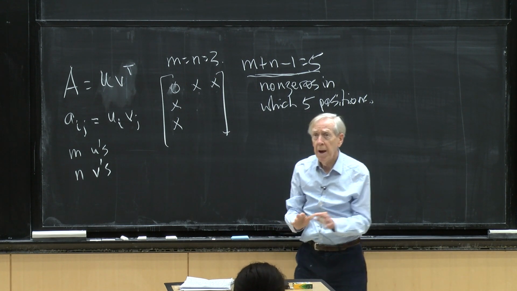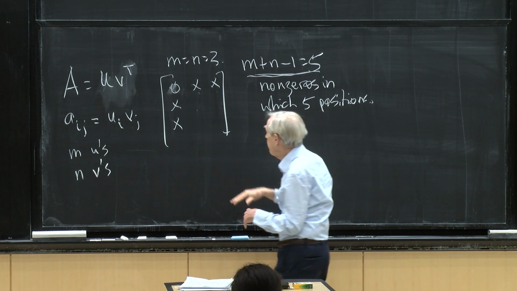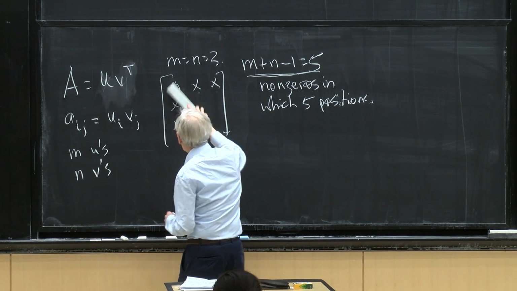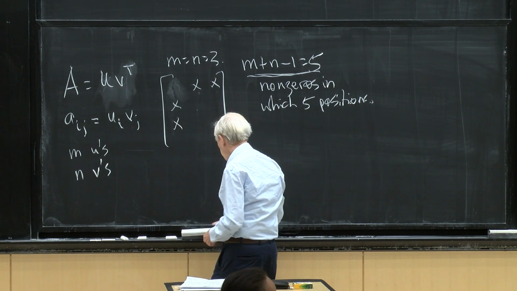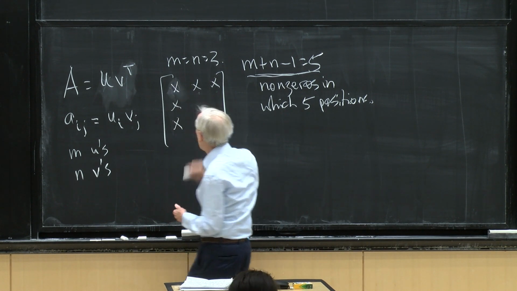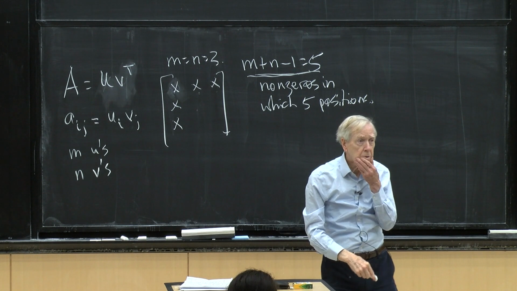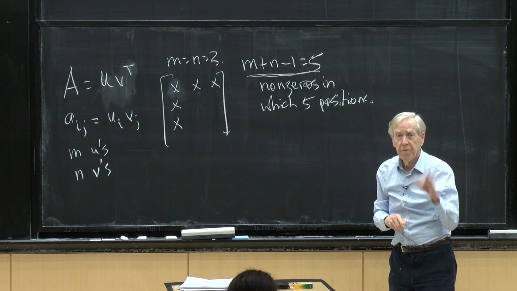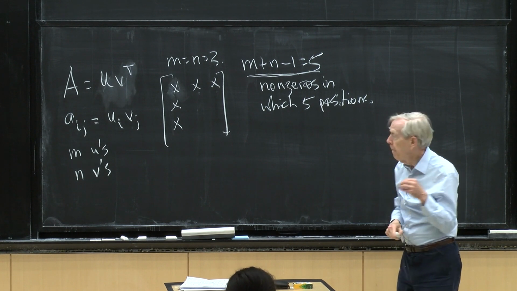So I don't want that. I want to be able to prescribe 5 numbers, and therefore they better not be 0. Okay. Could you complete the job with that choice of 5 positions?